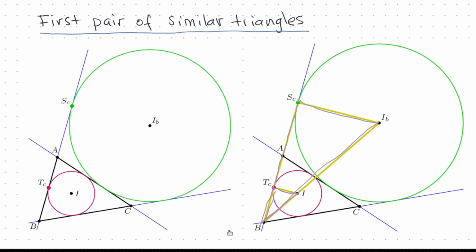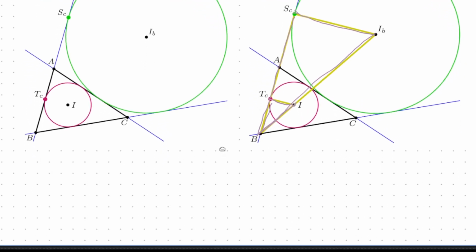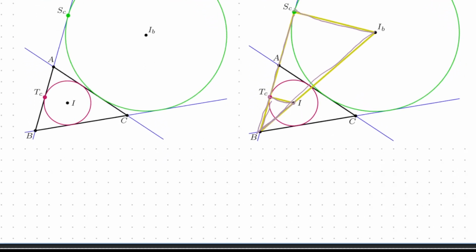Now I have to prove some things about this, because how do we know that the line from I_B, the center here, to B goes through I? How do we know that? See, if it does not go through I, then this is not true. These triangles are actually not similar at all, right?